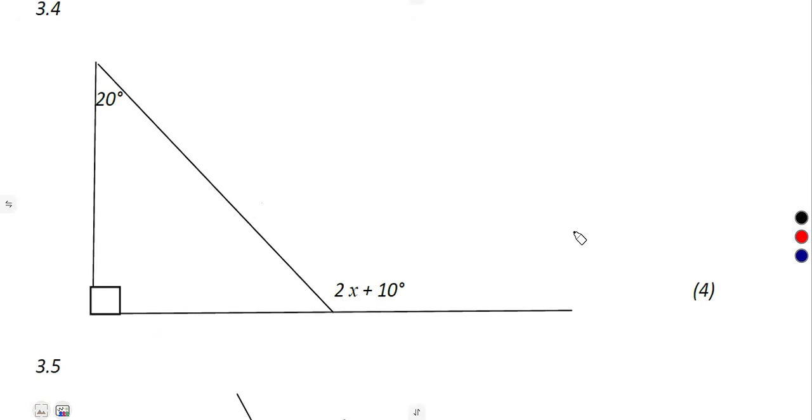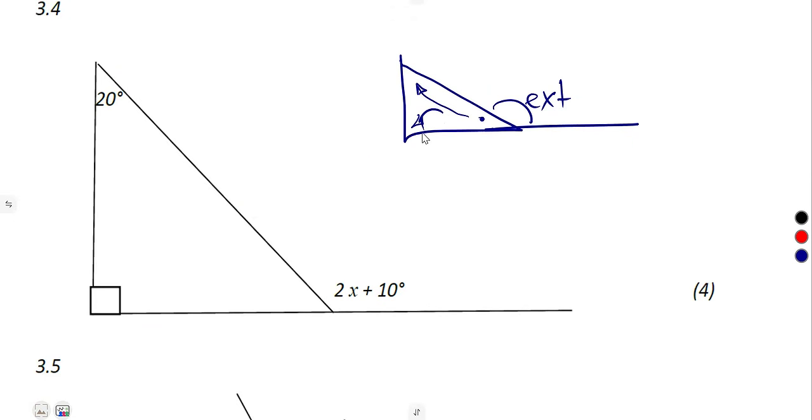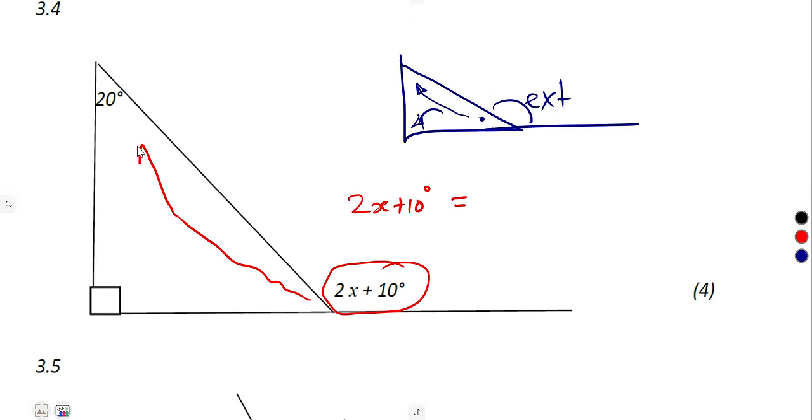All right. 3.4. There is x, which is outside of the triangle, where we do understand that for that type of triangle where there is an exterior angle, it is equal to the sum of the opposite interior angles. So we can form an equation from there, that this exterior angle of 2x plus 10 is equal to the sum of the opposite interior angles, which is the 20 degrees, and the right angle representing what? 90 degrees.